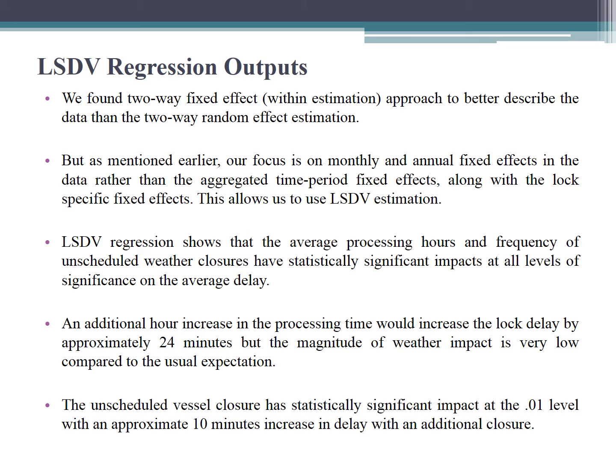Though significant, the weather impact is very low compared to what we expected. The frequency of unscheduled vessel closure has a statistically significant impact at 0.01 level, with an approximate 10 minutes increase in delay with an additional closure due to vessels.